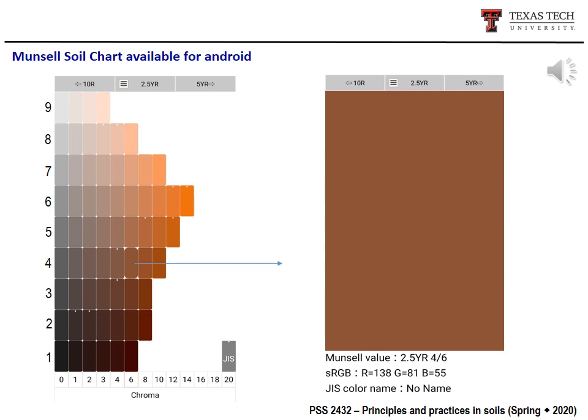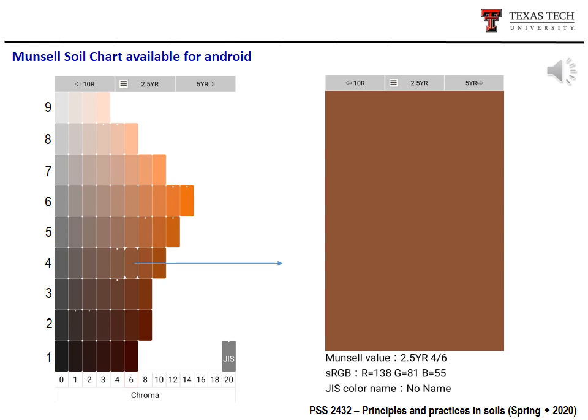And also you can see here the RGB. This is a correlation between the color and which color it is according to the Munsell color system.